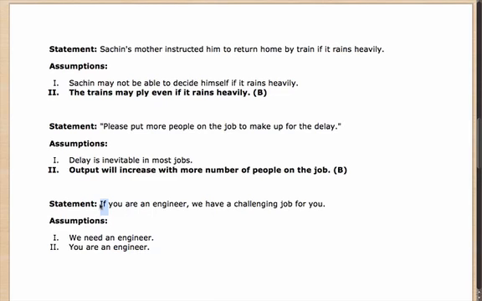It is not necessary that you are an engineer. However, from the statement, it is obvious that we, the company here or whoever is speaking, require an engineer, which means statement 1 becomes implicit, whereas second one is invalid, and that is the reason you would have marked A in this particular case.